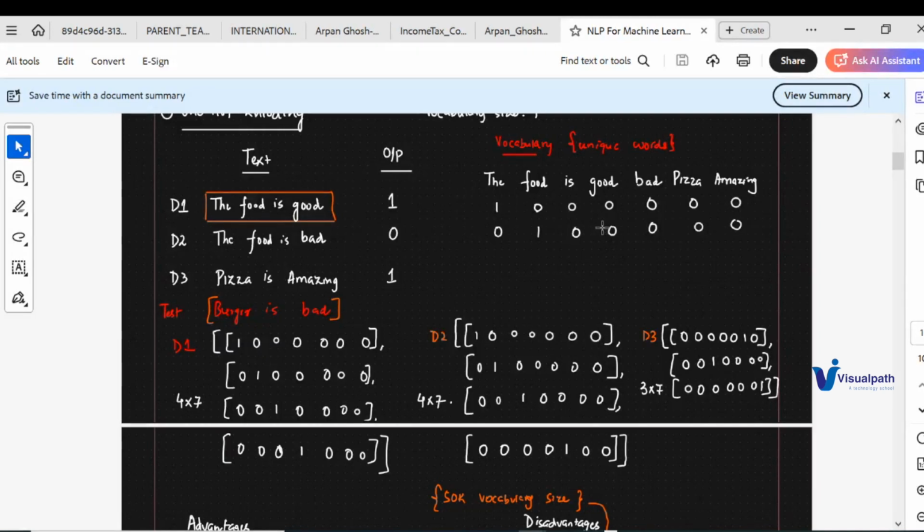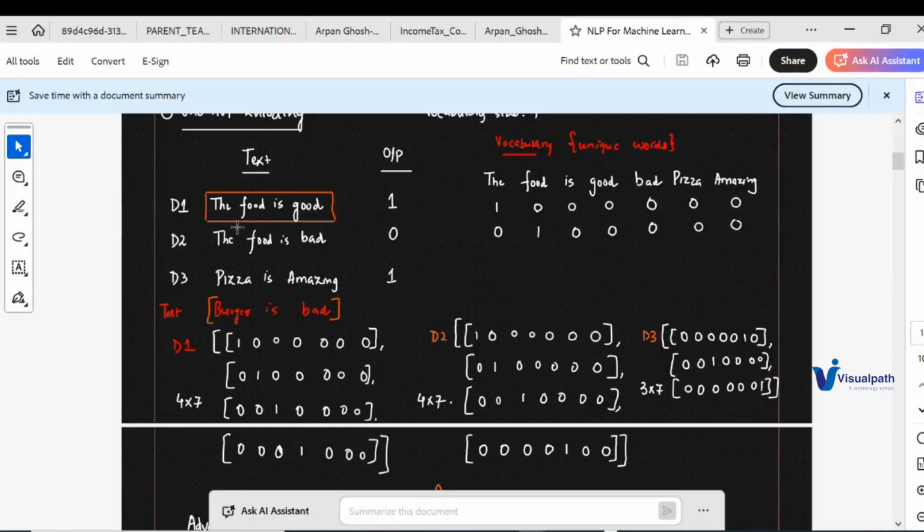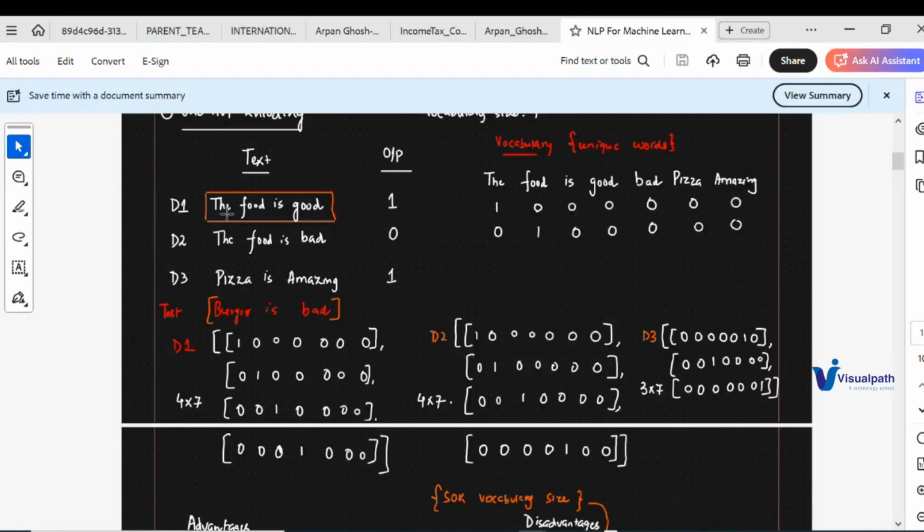Then each sentence, depending on the number of words, produces a matrix calculation of 4 cross 7. How? Because I have 4 words in this first document and the total number of unique words is 7. That's why each sentence is transformed into a 4 cross 7 matrix.